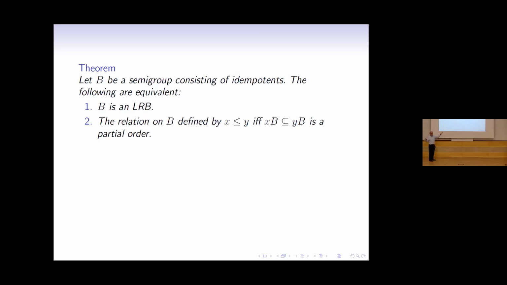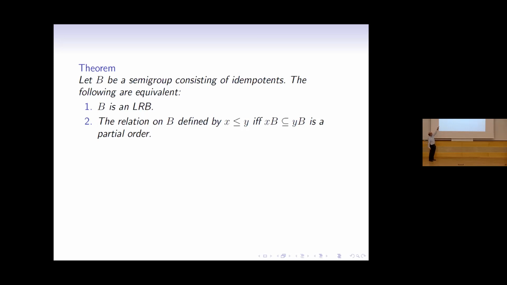What's a right ideal in a group? Why didn't you learn about that in algebra? Well, you can start with an element x in a group, multiply on the right, and get to any other element. So there's only one right ideal in a group. It's the whole group. So the relationship x less than y in a group, if I have containment of right ideals, is the universal relation.